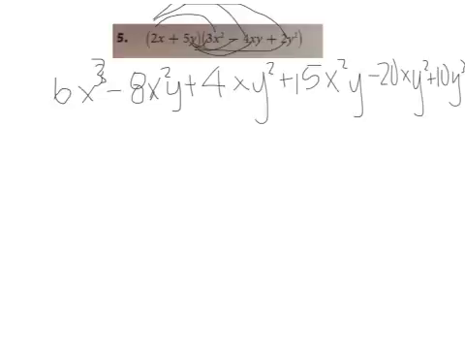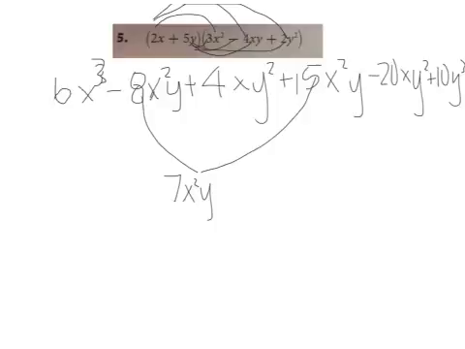The problem's not finished till I combine my like terms and put it in standard form. So any like terms I have, now they have to have the same degree and the same variable. So negative 8 and 15 that both have x squared y's, I could combine those together to make that 7x squared y.